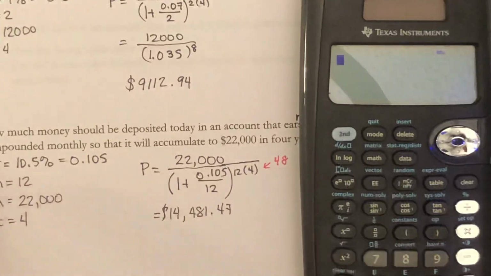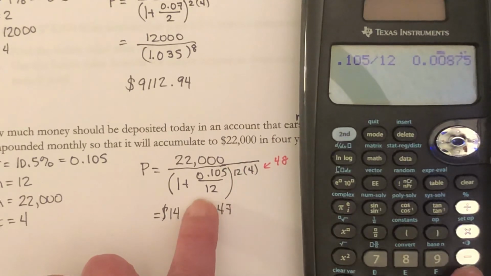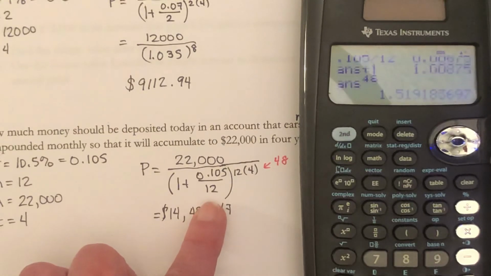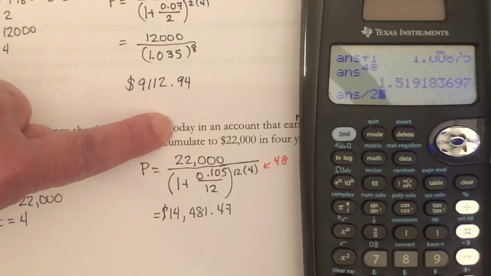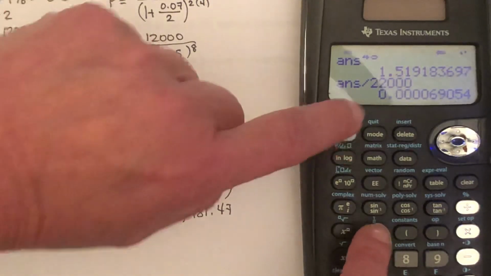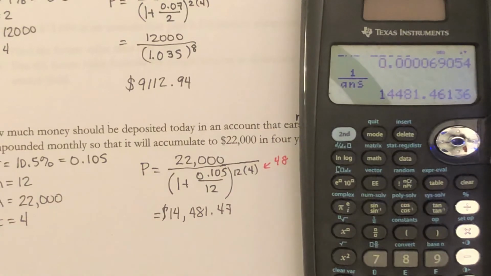So if I figure out this bottom, doing the same calculations we did earlier, and then raising that to the 48th power, now I'm going to do bottom divided by top, which is dividing out of order. And then I hit that button. On this calculator, I'm going to have to hit second and then that. It basically allows you to divide out of order, and this just flips it back. And I get the same value.